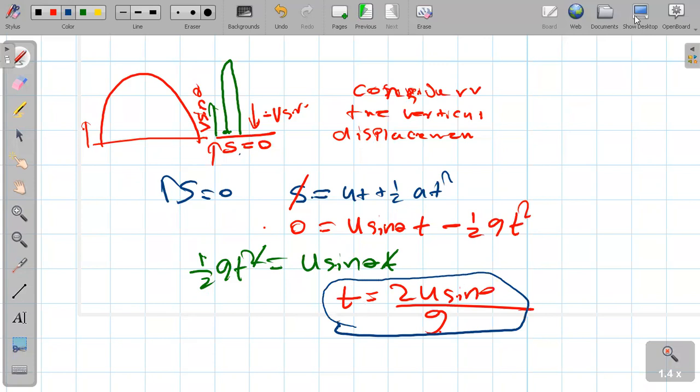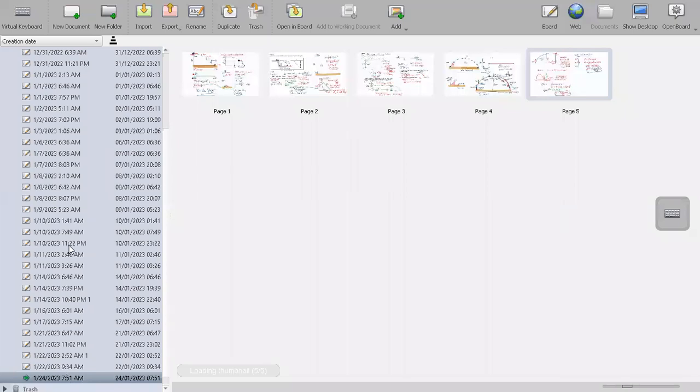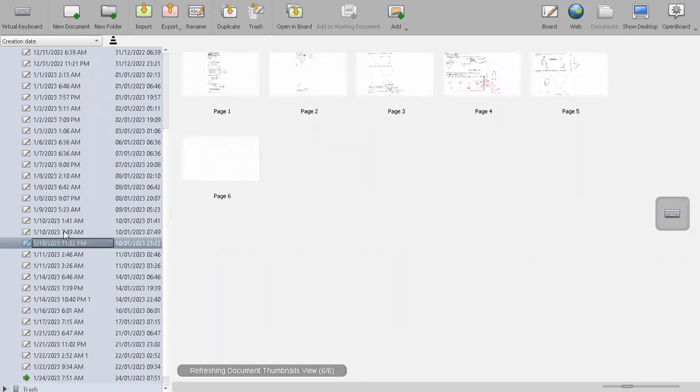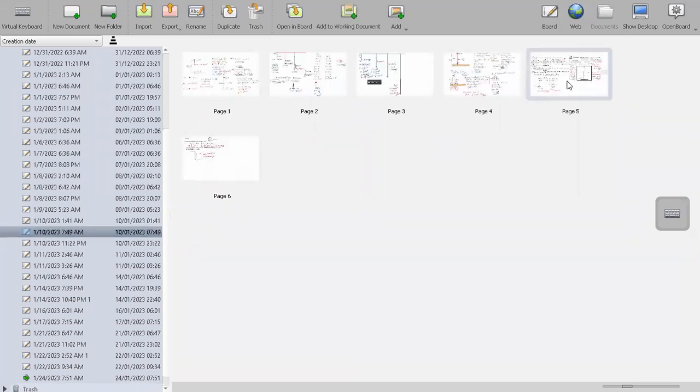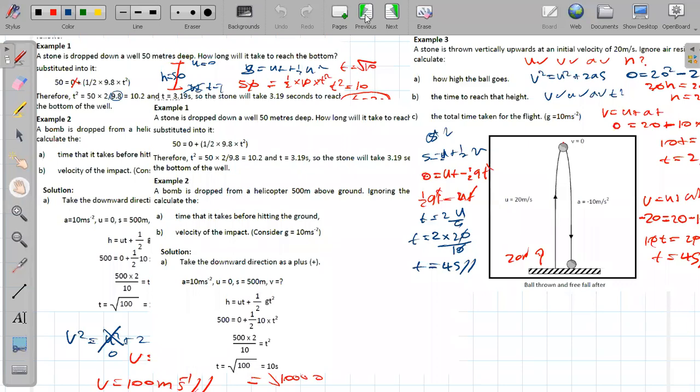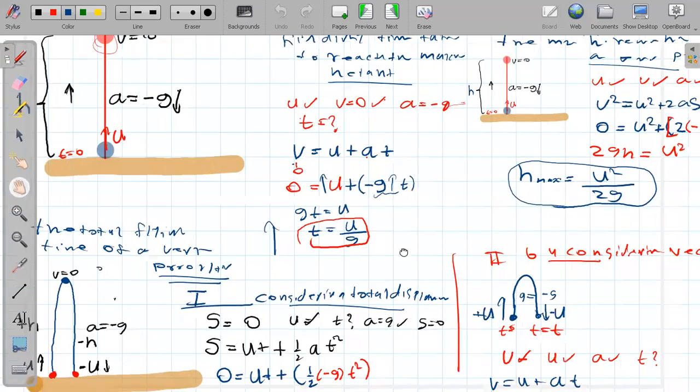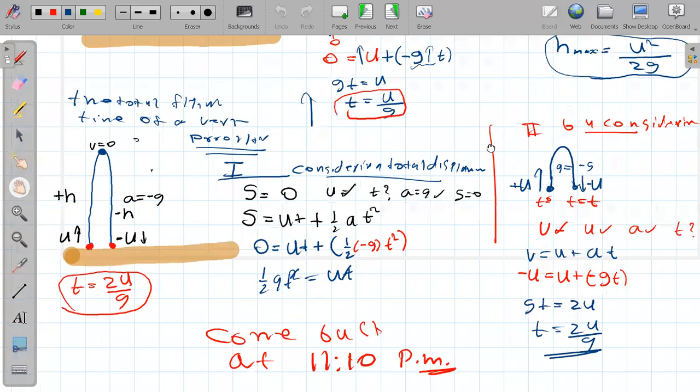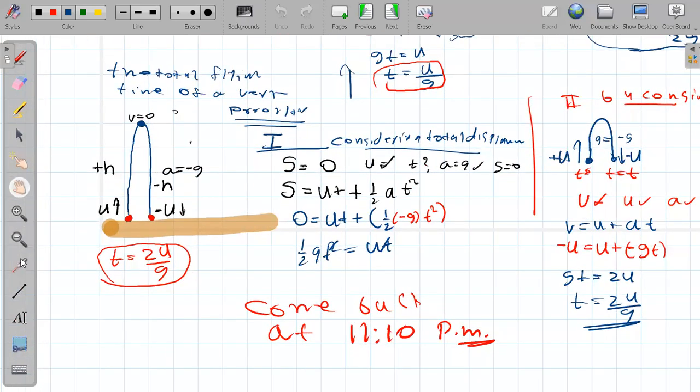Right. Just give me 1 minute. See, in last week's one, T equals 2U over G. T equals what? 2U over G. Look at this pointer.